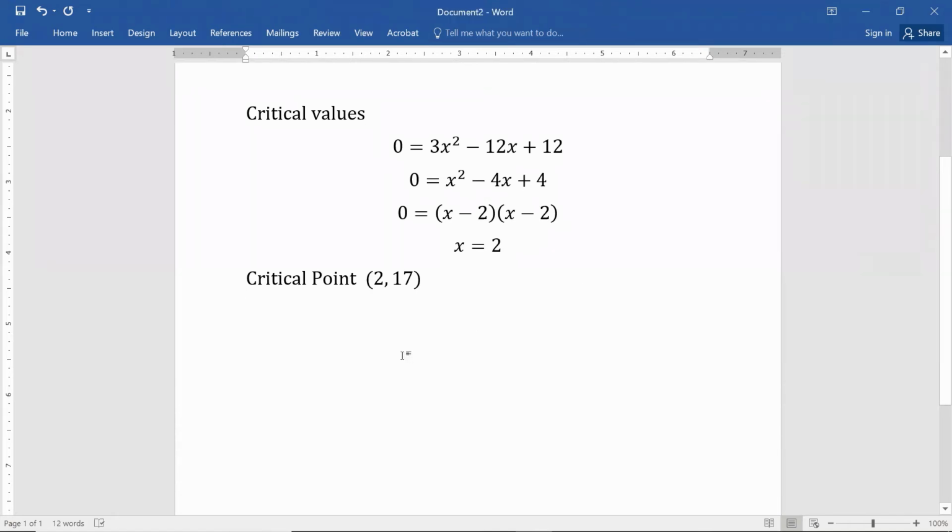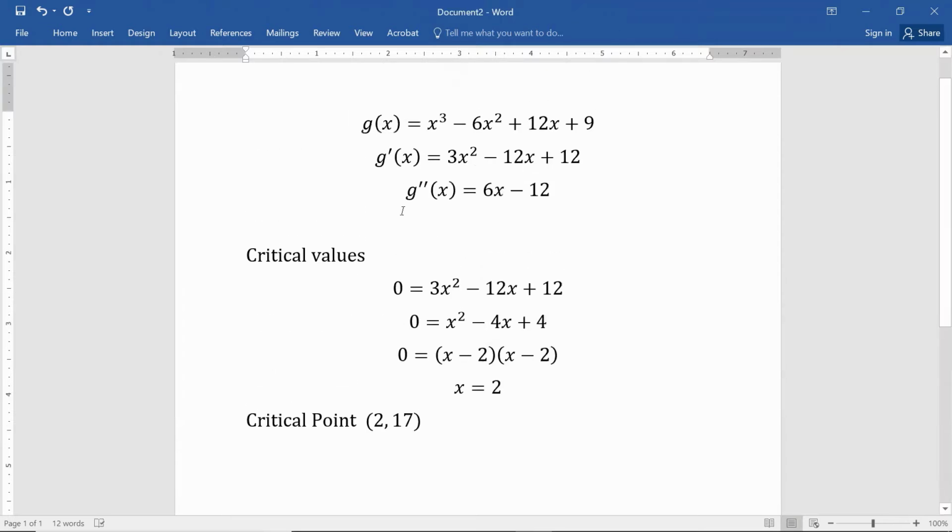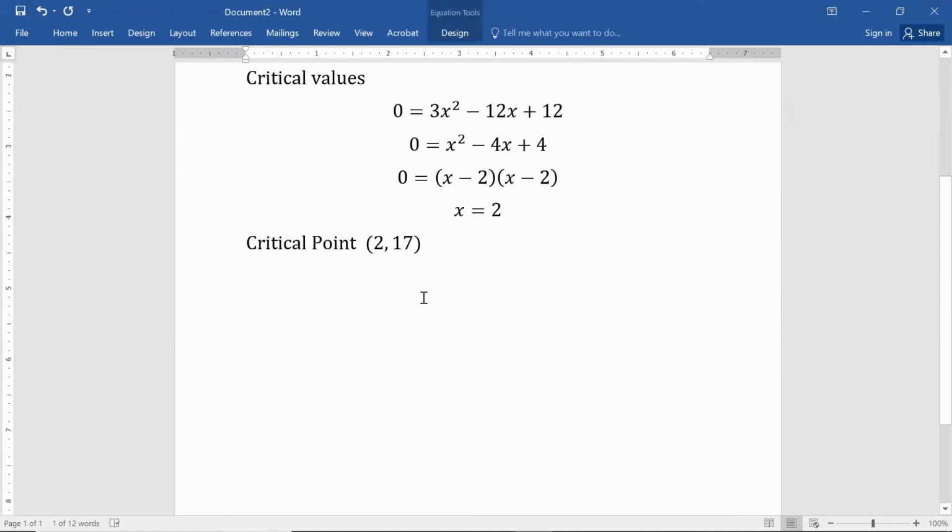Now, let's use the second derivative test to determine whether or not we have a relative minimum, a relative maximum, or unknown at an x value of 2.